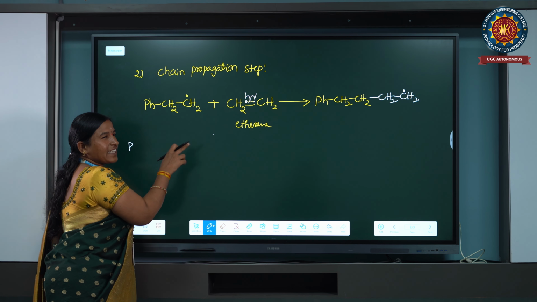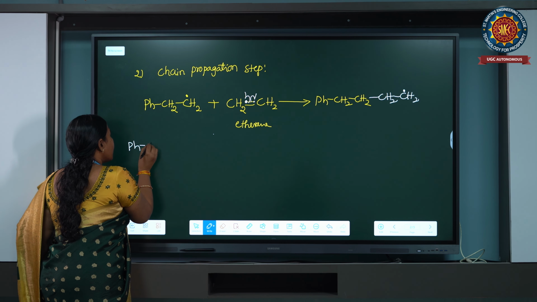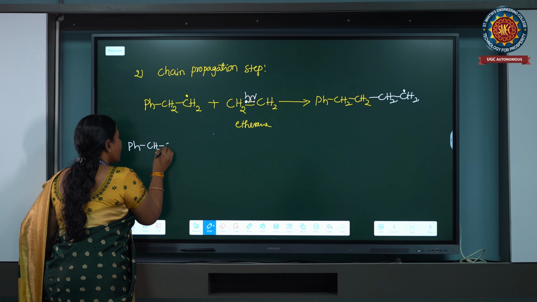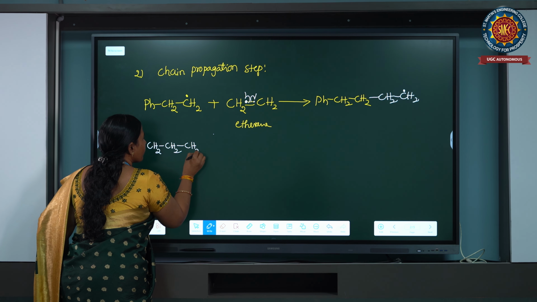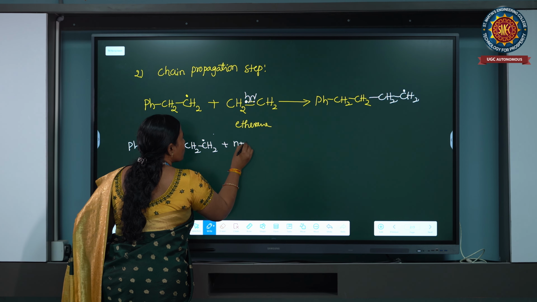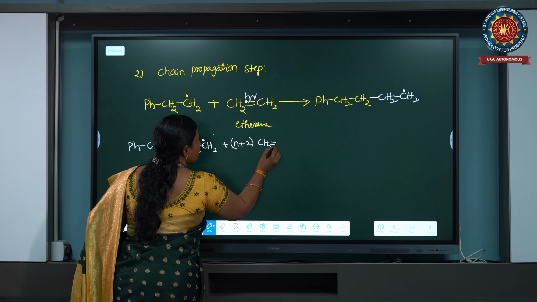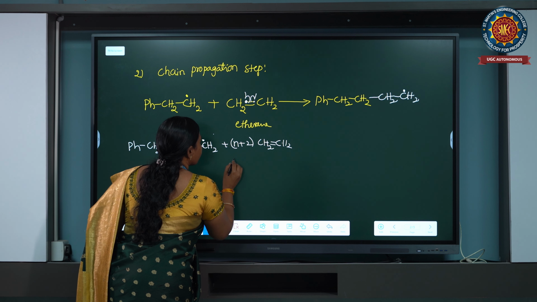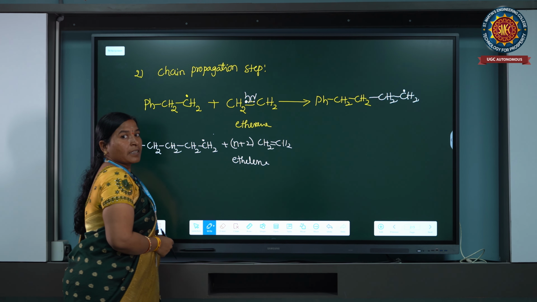Now, instead of writing ethylene every time, we write the initial product with CH2, and n plus 2 monomers, that is ethylene.